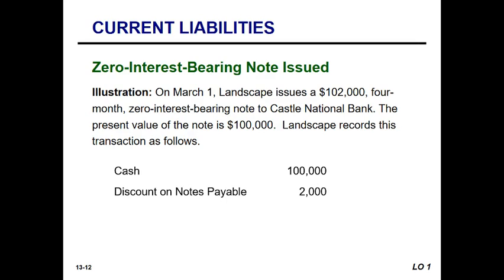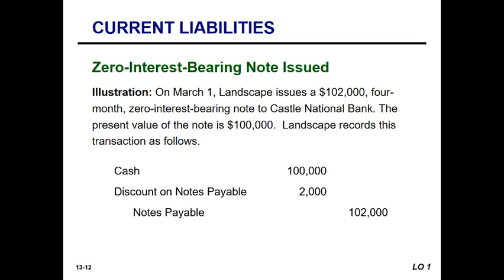Now, they know due to the contractual obligation that they will have $2,000 of additional payment on it. This we will debit to discount on notes payable, and then we'll recognize the full amount of notes payable at $102,000.